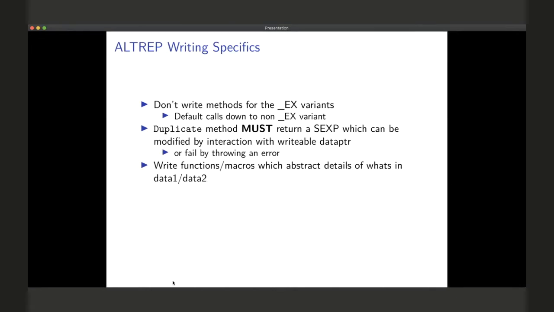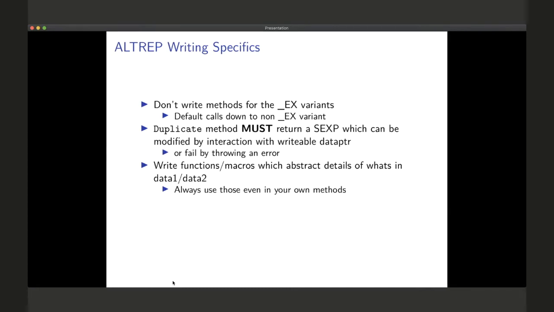And the other thing is you should write functions or macros that abstract the details of what's in data1 and data2. And then even in your own methods, you should use those. This is just for your own sanity, to make your code cleaner. All of the examples in the GitHub repository that I will link to are doing stuff like this.